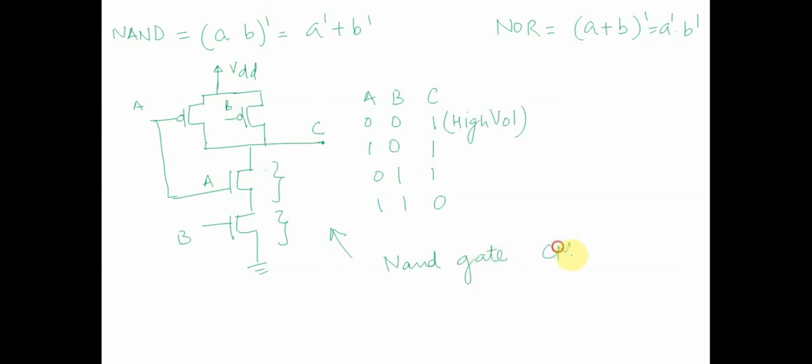Similarly, if we have to draw a NOR gate, it will be the opposite of what we saw for the NAND gate. For the NOR gate, we connect two PMOS in series, whereas two NMOS are in parallel.